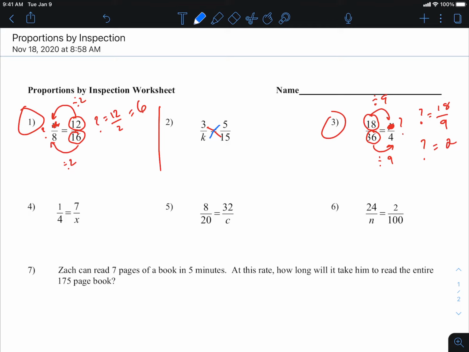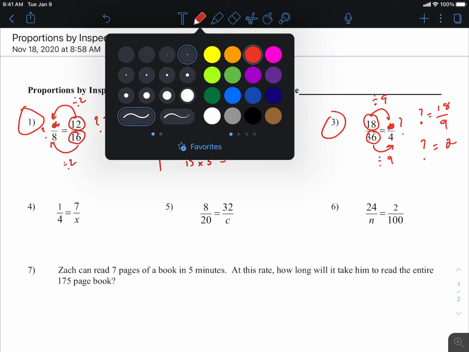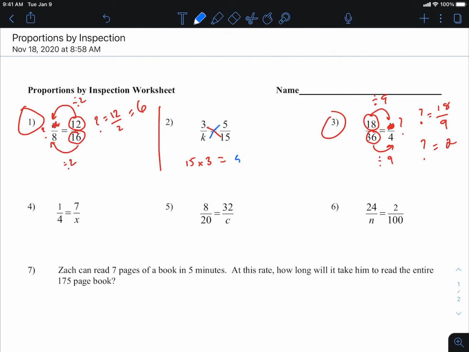So here's what's going to happen. You can go 15 times 3, that's equal to 5 times the question mark. Is anybody really, really lost with what happened?